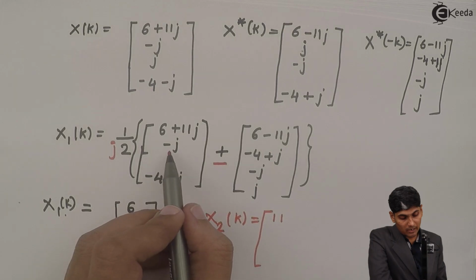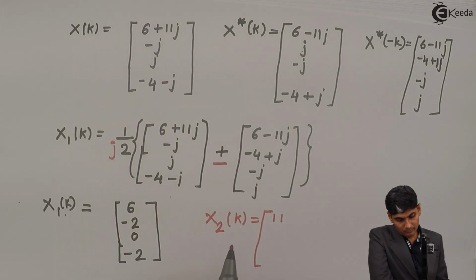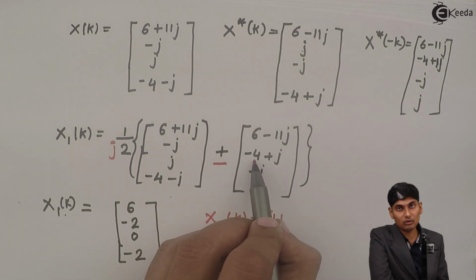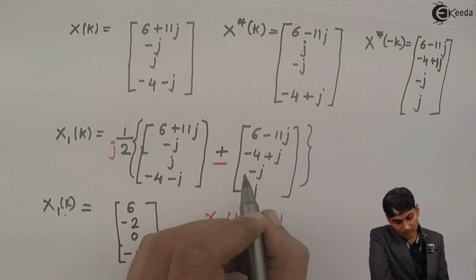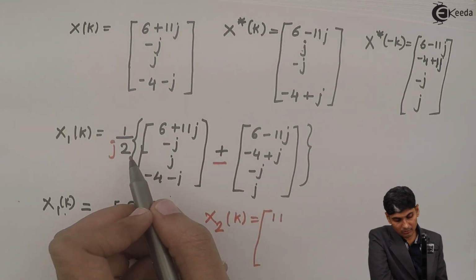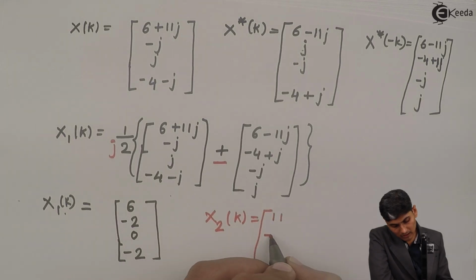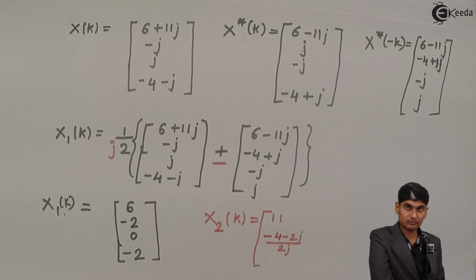Next, minus j minus of minus 4 will give me plus 4, and this will give me minus j. So it will give me minus 4 minus 2j when divided by 2j. I'll not solve that, but let's keep it as it is: minus 4 minus 2j divided by 2j.